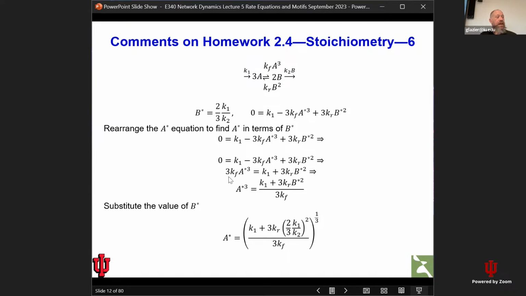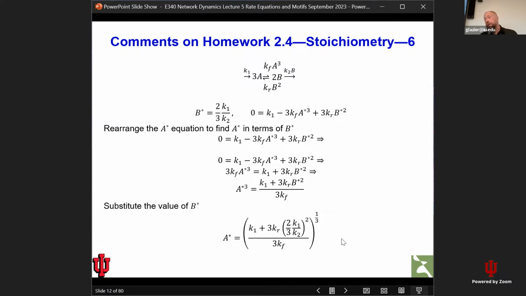Divide through by 3KF: A star cubed is equal to K1 plus 3KR B star squared, over 3KF. Take the cube root and then plug in B star is 2/3 K1 over K2. A star is equal to K1 plus 3KR times 2/3 K1 over K2 squared, over 3KF, all to the 1/3.